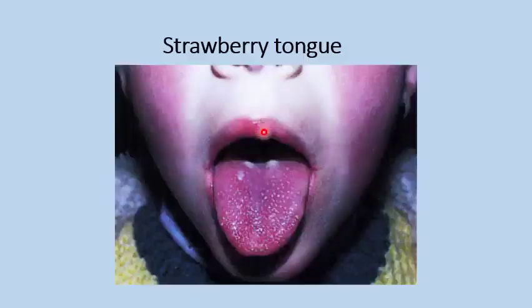Here is another picture showing the strawberry tongue اللي هي كلها papillated with the red color, it looks a bit like a strawberry, a very characteristic strawberry tongue. And برضو هنا it's clear the circumoral pallor.